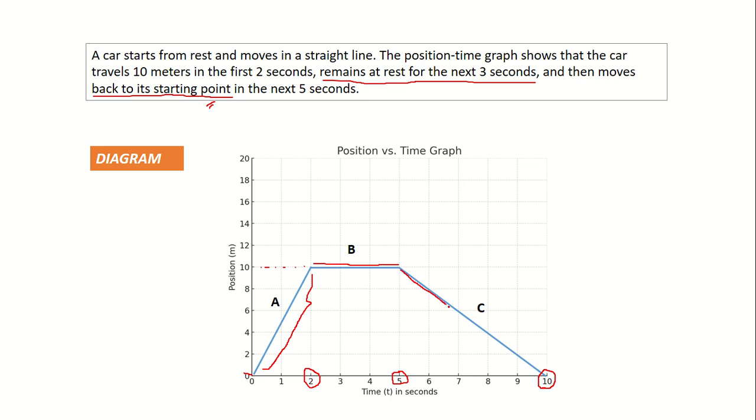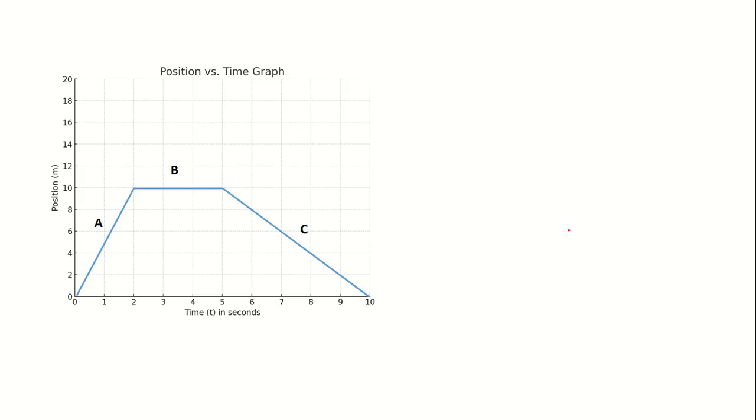And then here, my graph has a negative slope. So my velocity would also be negative. It's going upward, so that means it's traveling to the right. And here on segment C, it's sloping downwards, so it's traveling to the left because you went back to your starting point. Okay, next. So we already have a diagram.